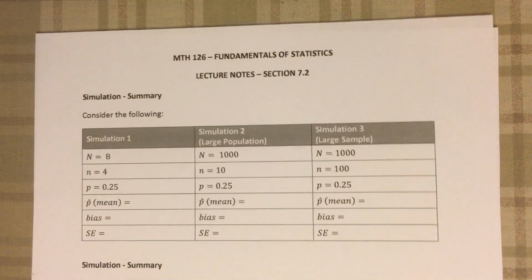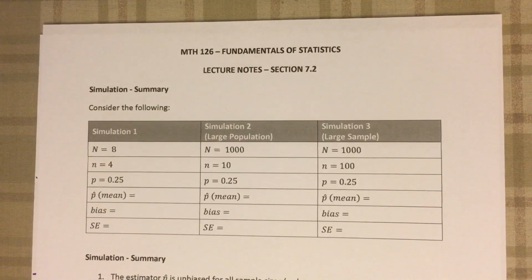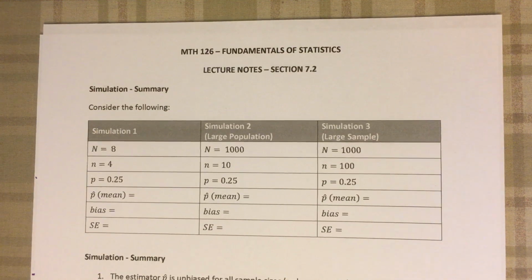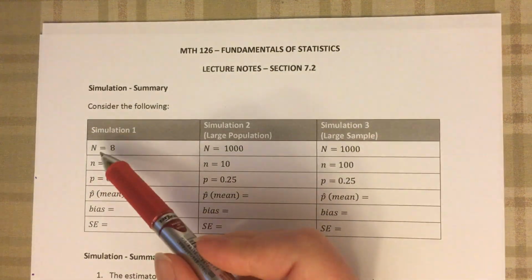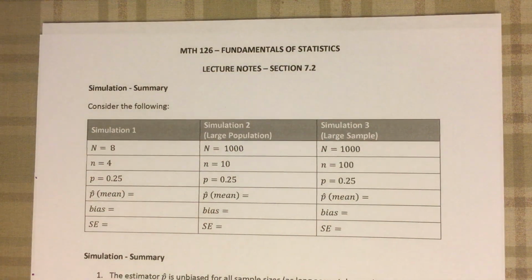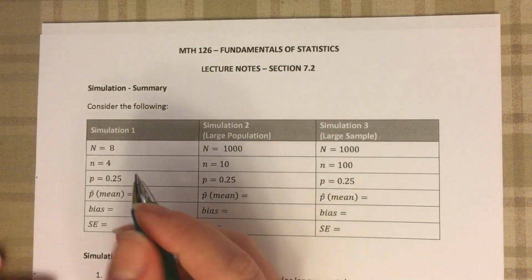So taking these 3 different simulations, we're going to summarize our results and then come up with a general conclusion. This general conclusion is really the whole point of these simulations. So in our first simulation, our capital N means our population size.